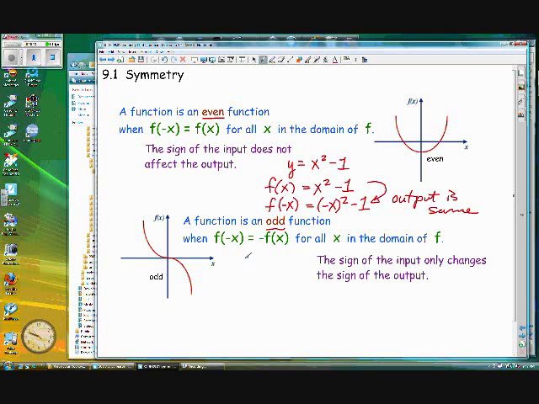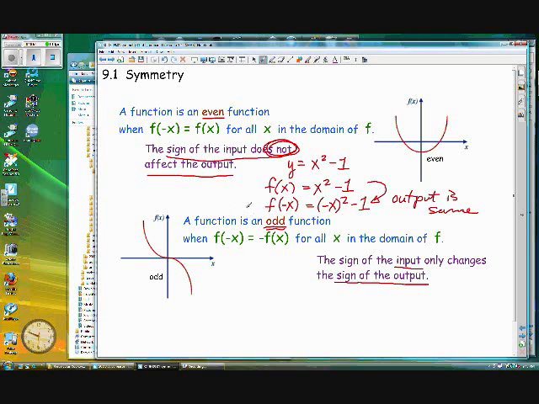An odd function looks a little bit different. When a function is odd, when I put in a negative x, my output is going to be a negative output. The sign of the input, the only difference it makes is it changes the sign of the output. So that's odd. Let's go back to even. The sign of the input does not affect the output.